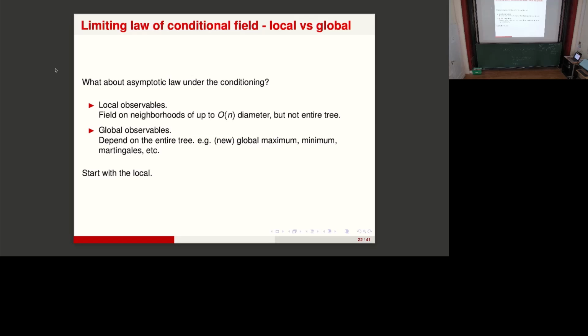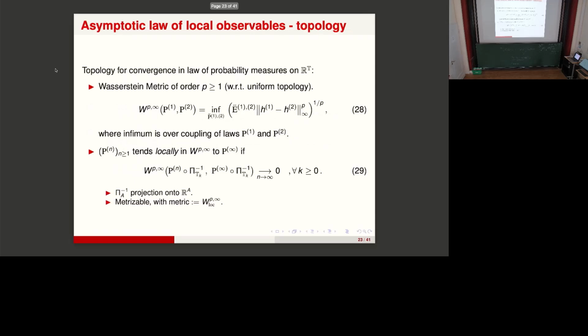The diameter of the graph is order n, so I can have almost the entire graph in my local observable, but this will not include the entire graph. You'll see this quantified later, but these are quite large neighborhoods. And global observables will be quantities which are measurable with respect to the entirety. I'll give you asymptotics for both of them, and I'm going to start with the local ones.